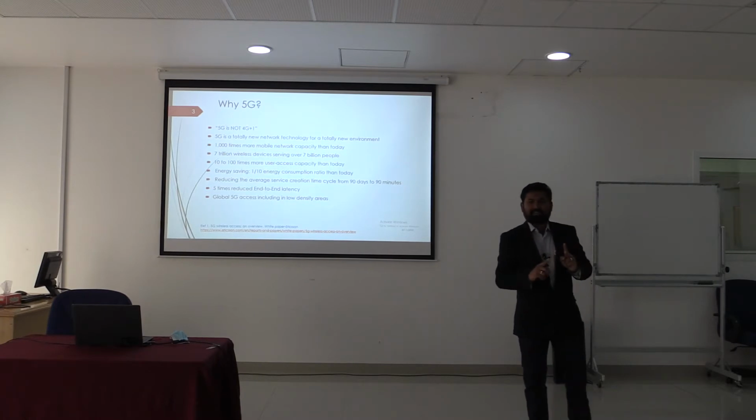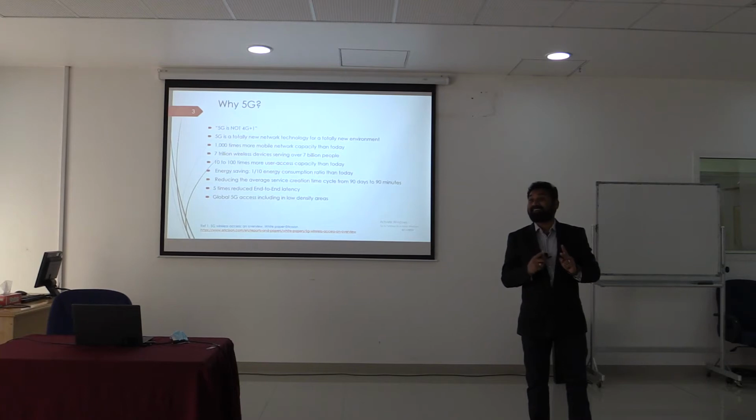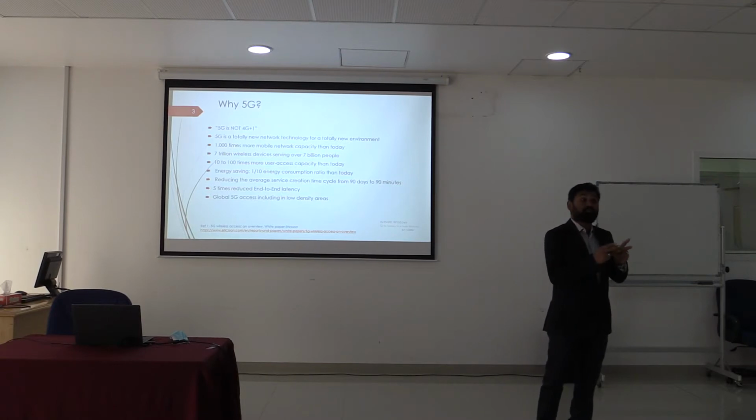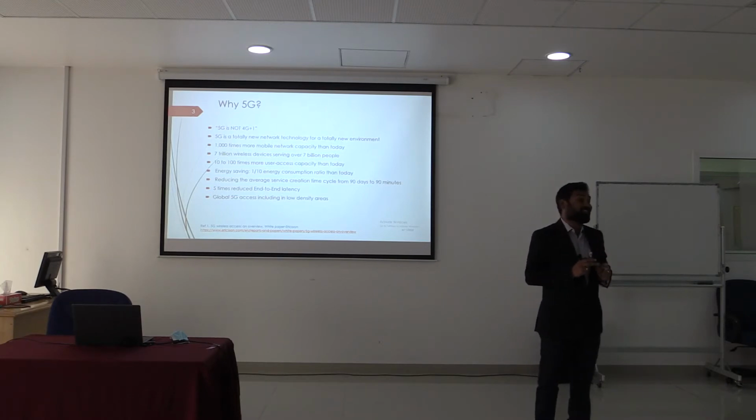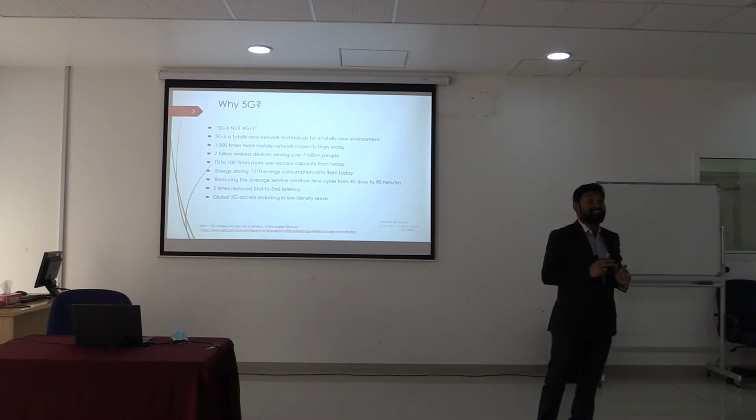Then the researchers and the industries kept researching and developing devices and models for 5G, providing a higher throughput data rate in the order of 50 to 100 gigabits per second. That is the theoretical data rate, 50 to 100 gigabits per second.